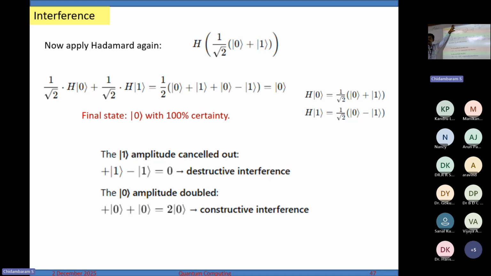So what should I do? Apply Hadamard again. When I applied Hadamard again, what happened? My 1 is getting nullified. This is called destructive interference. The output amplitude I want got doubled. That is called constructive interference.